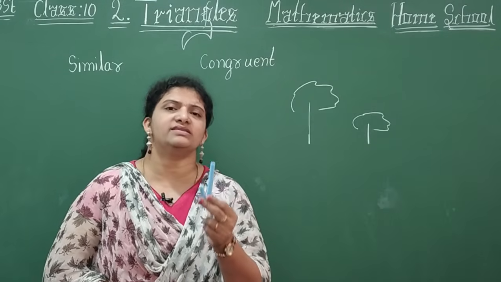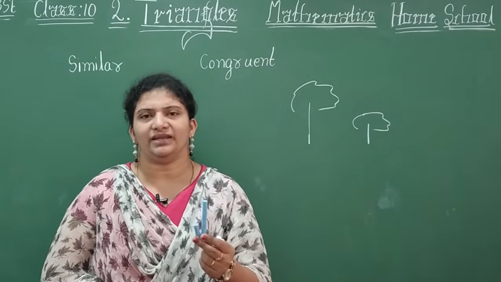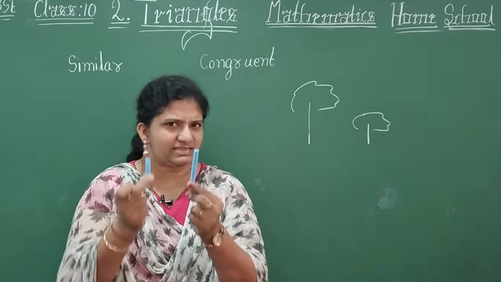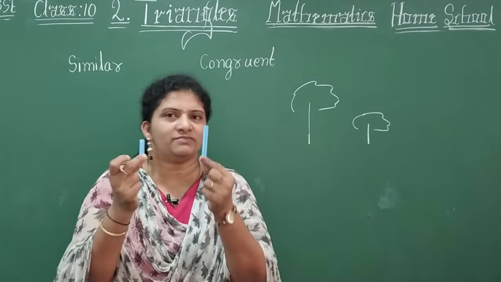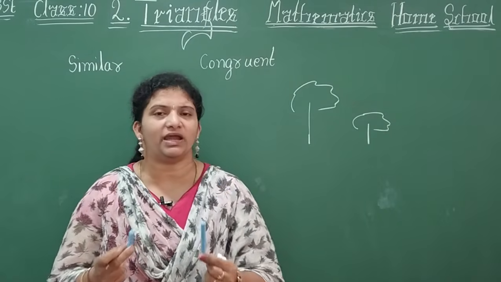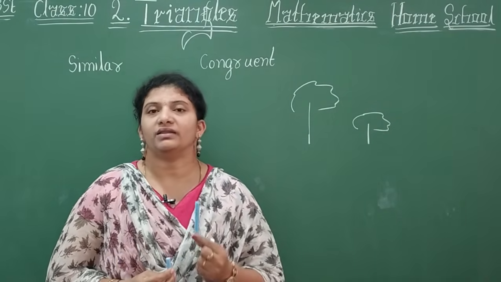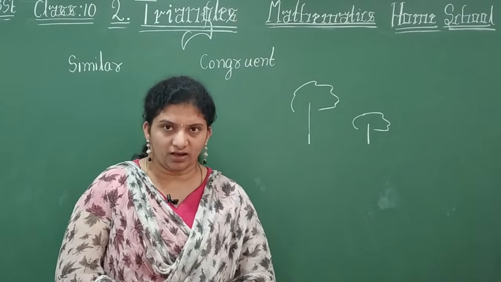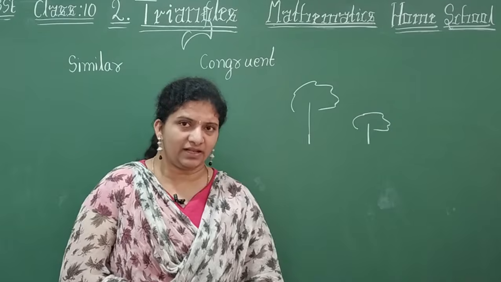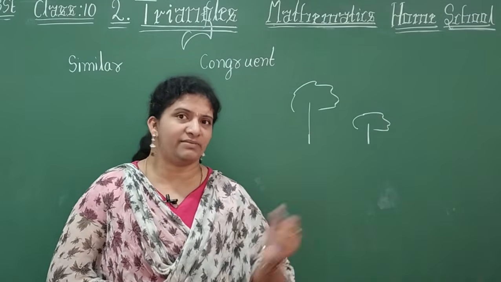Equal in the sense they are not congruent. So they are just similar. The chalk piece name itself or the shape might be the same, but they differ in their sizes. So here observe one more example. This is an example for similarity.